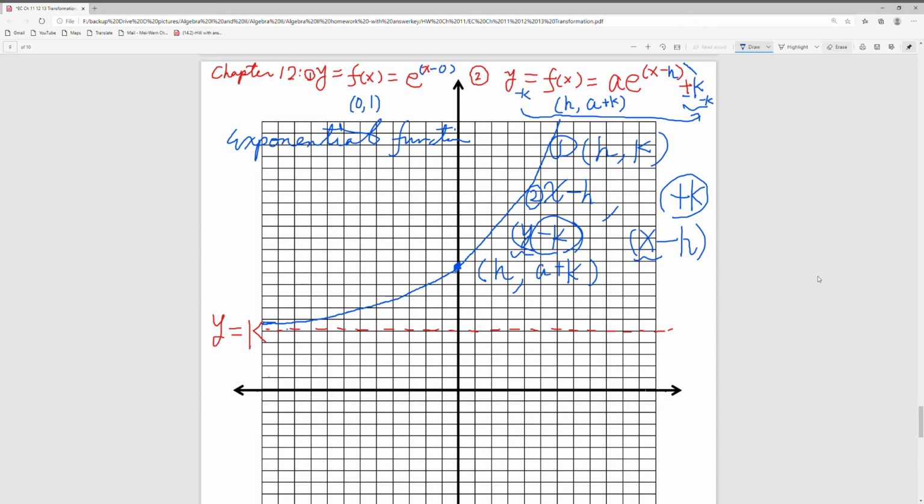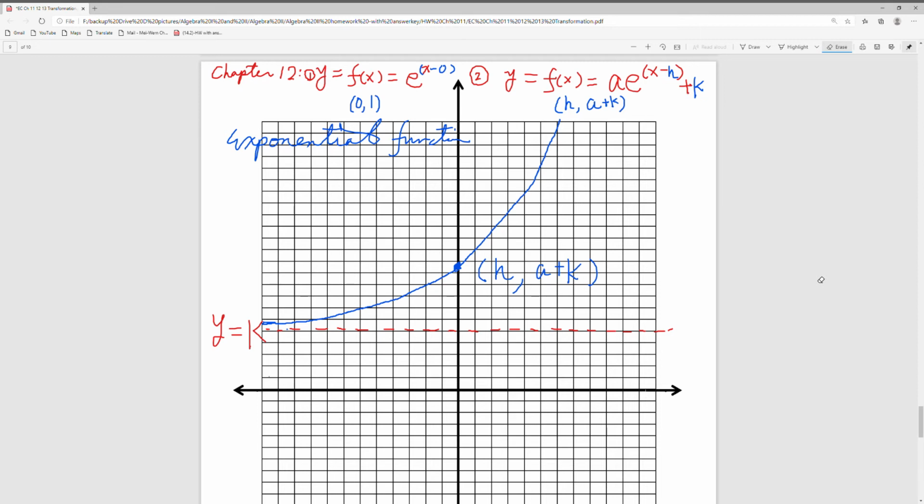So I will roughly talk about the idea, what we want to concentrate on learning, and I will explain more detail later. If you don't quite understand plus k, minus k yet, that's okay, because I just want to tell you what we should learn from this video.